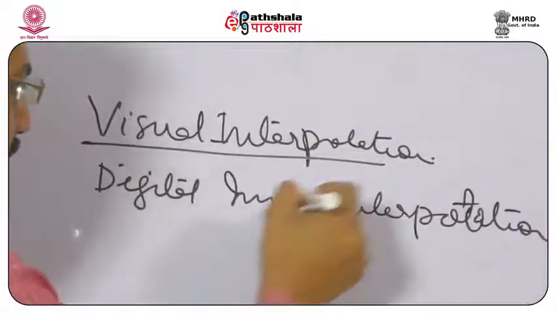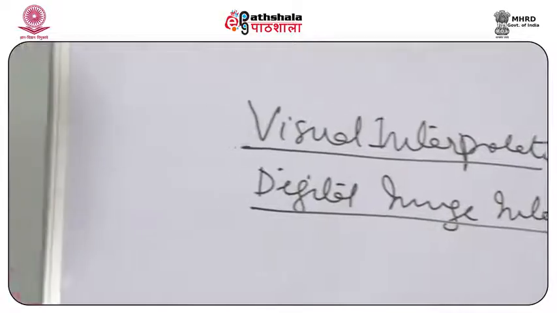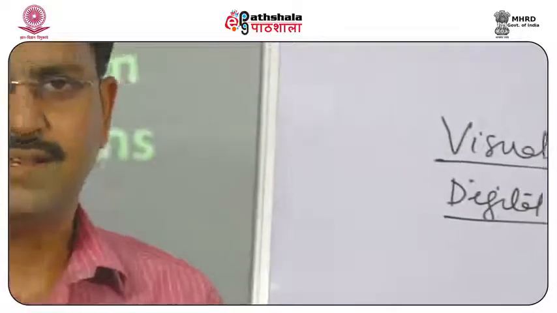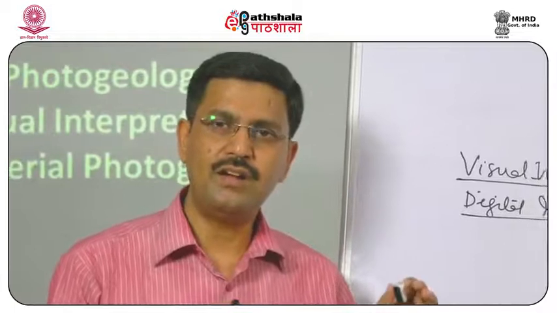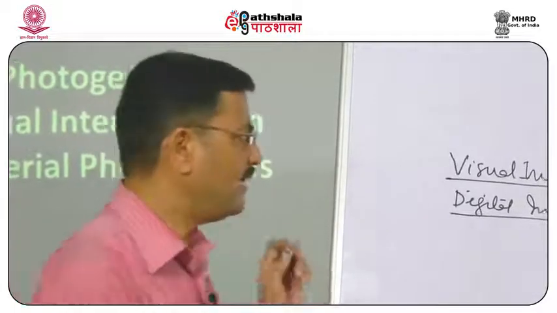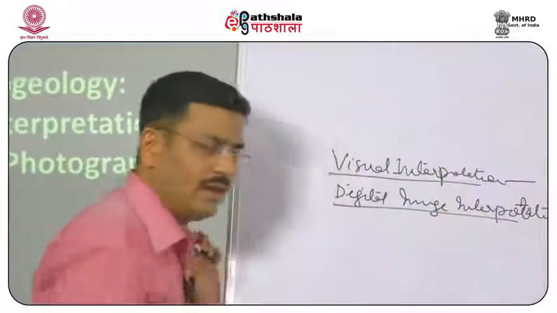As its name says, in visual interpretation we work visually with our own eyes and hand, whereas digital image interpretation precisely means we apply our mind, brain, and the computer software and technology. But our topic of discussion today is visual interpretation.